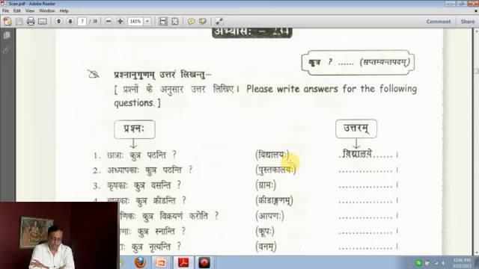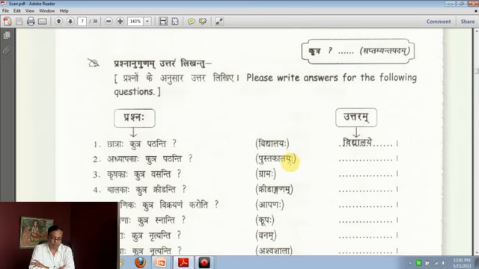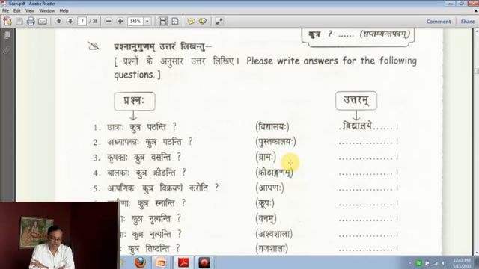Adhyapakaha Kutra patanti? Pustakalaye. So totally, Adhyapakaha Pustakalaye patanti. Teachers study in the library. Pustakalaye, Pustaka alaya. Now this word should be highlighted. We have so many words in Sanskrit with combination of alaya.